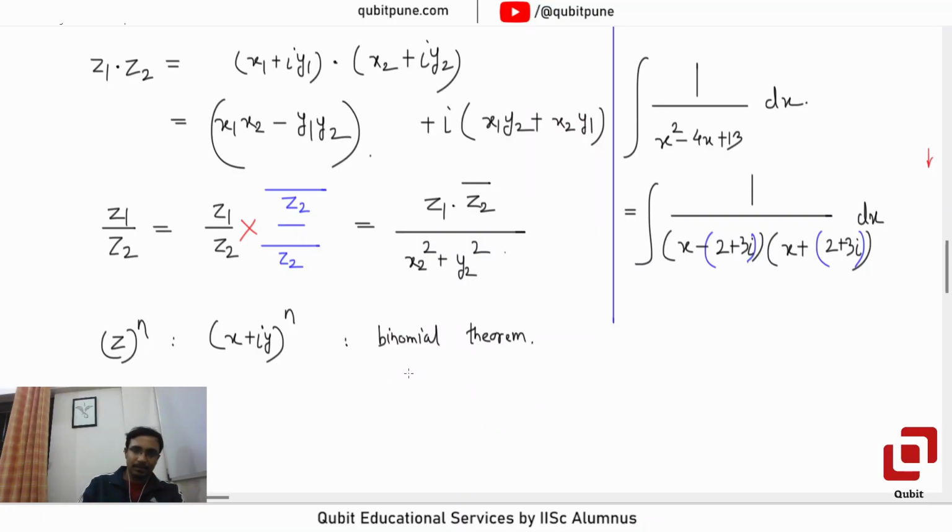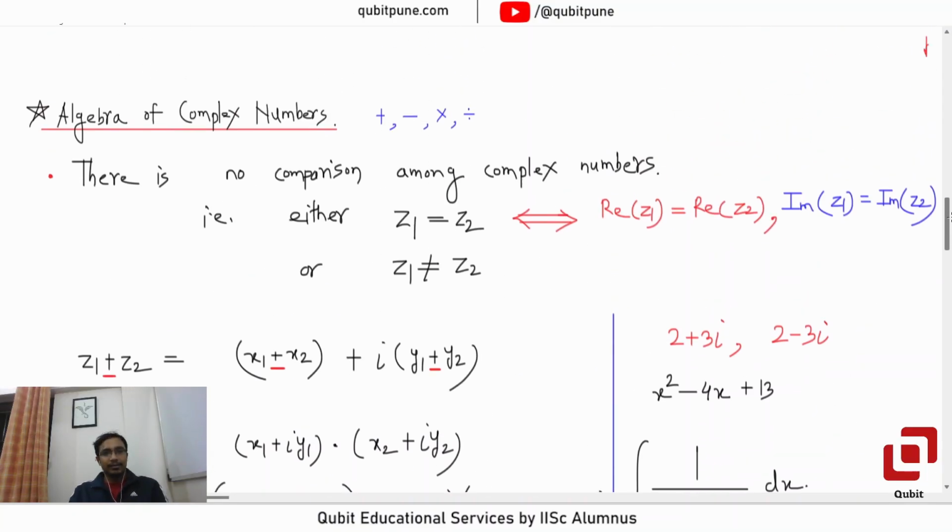We will not be discussing x plus iy raised to some complex power. So assuming that n is a real number, we can happily use the binomial theorem, where a is x and b will be iy. Fine. So that is the algebra.